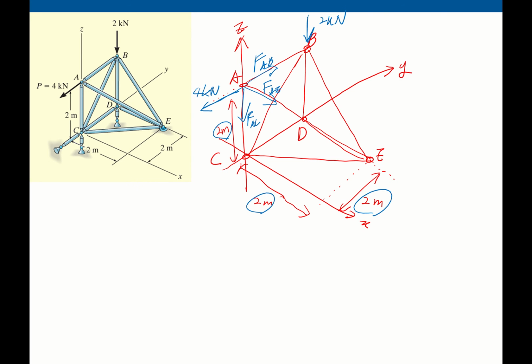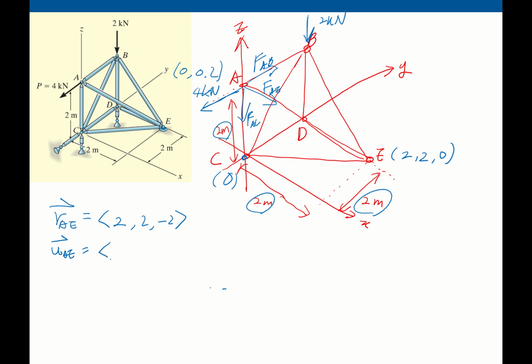So we can express this force vector AE with Cartesian vector notation. First, we calculate the position vector. The position E from the origin, which is O here, is 2, 2, 0, and A is 0, 0, 2. So let's find the position vector from A toward E. That means E minus A, right? So that is 2, 2, minus 2. We can find the unit vector AE.